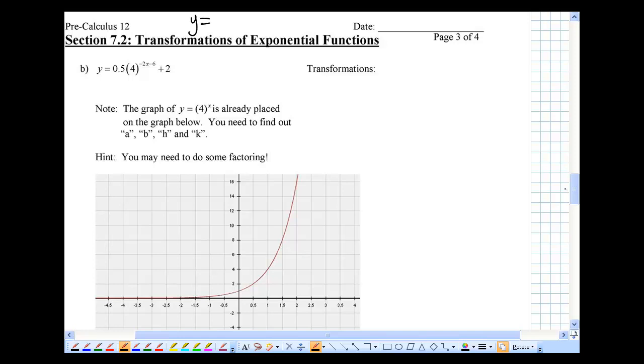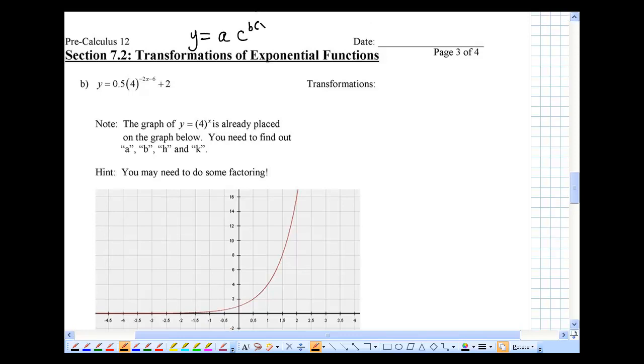So remember, y equals a, c, what was it, b, and then it's x minus h, right? And then plus k. So we have to factor first, okay? So factor first. Then we can see all the parts.